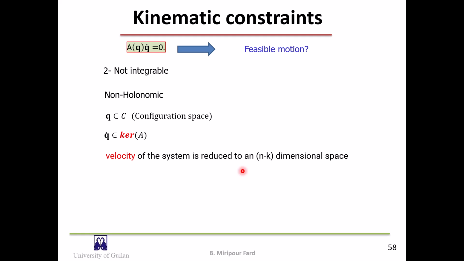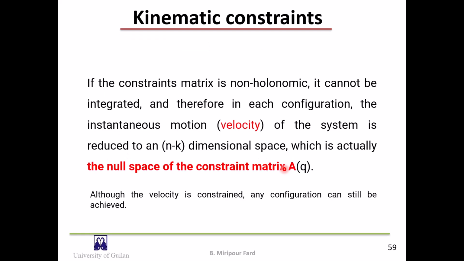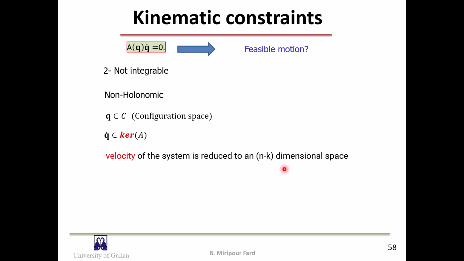By considering Pfaffian constraints A of q times q dot equals 0, one can see that the generalized velocity q dot is a vector belonging to a set characterized by the property that every vector in this set, when pre-multiplied by A of q, results in the zero vector. By definition, such a set is the so-called null space or kernel of the matrix A of q.